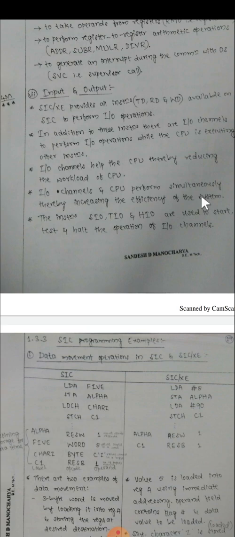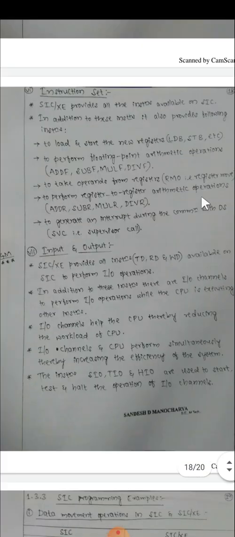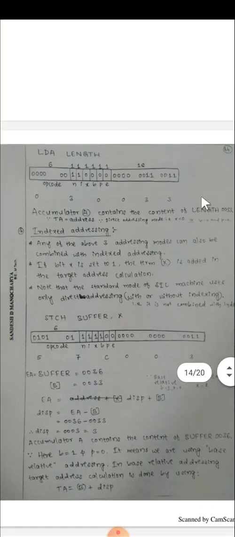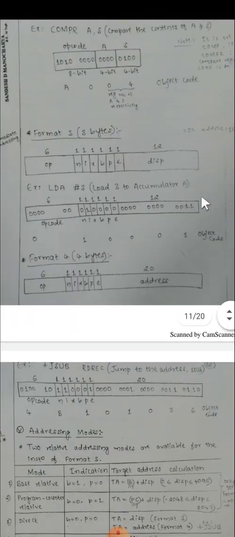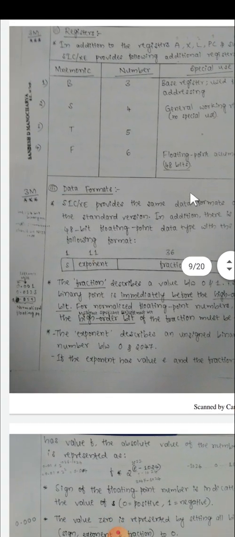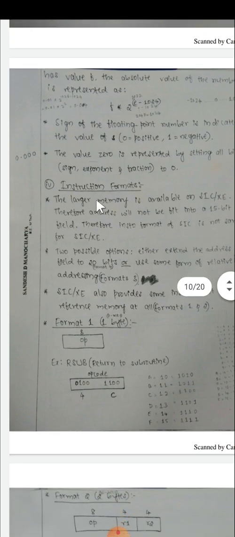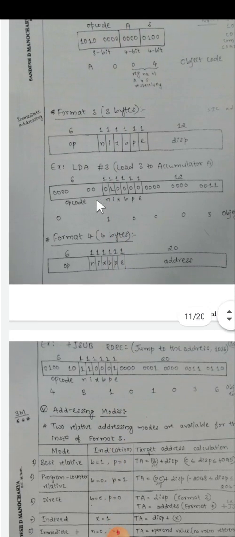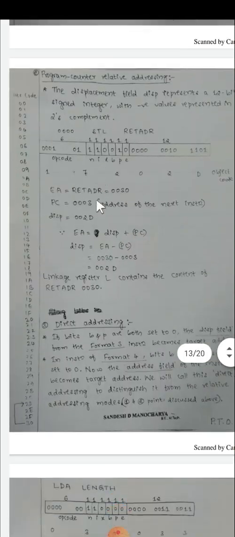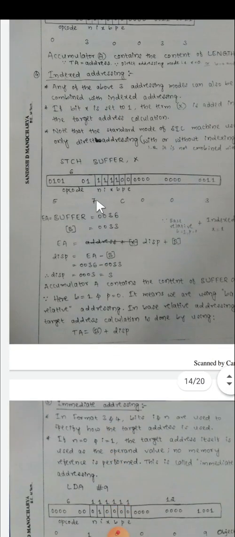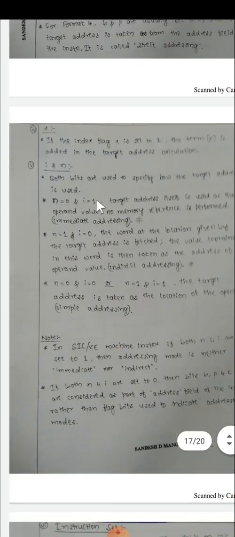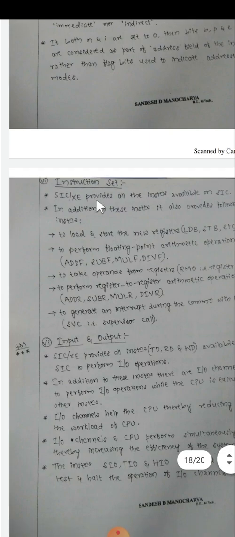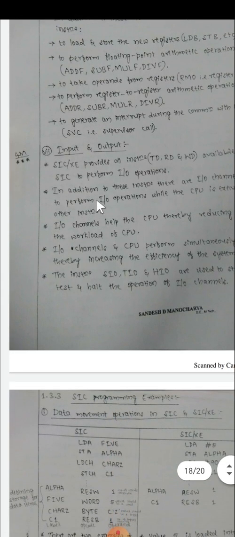So this is about the SIC XC machine architecture. First concept is memory, then registers, third one is data format, fourth one is instruction formats, fifth one is addressing modes, sixth is instruction set, and seventh is input output.